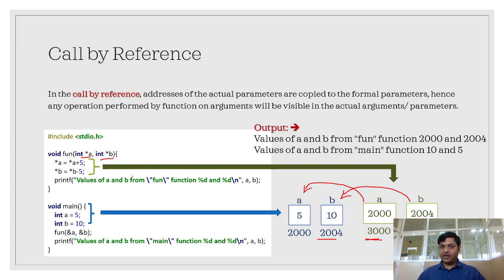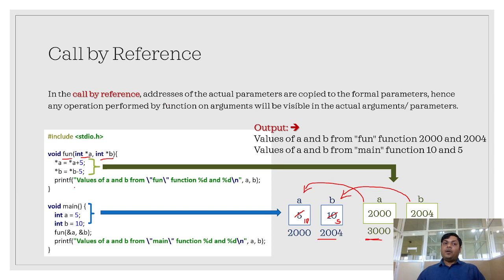If we update a in function fun, then actually the value of a situated in function main is modified, and the value of b is updated to 5.